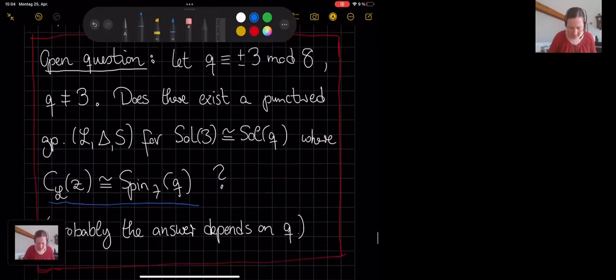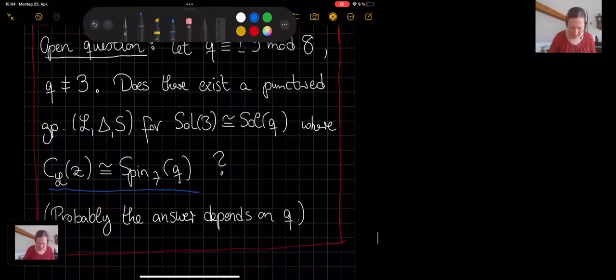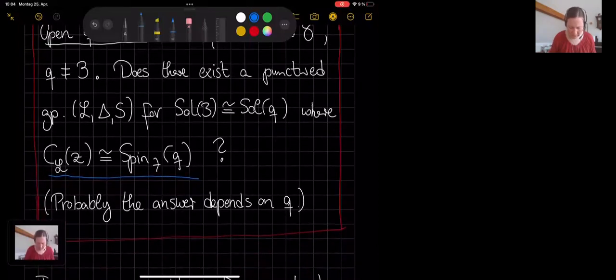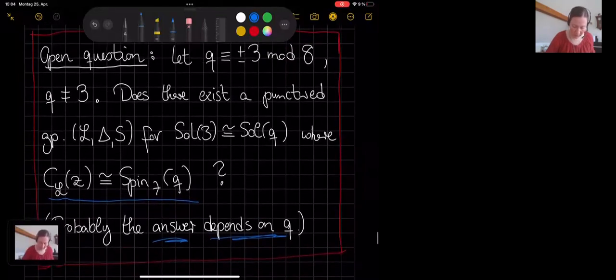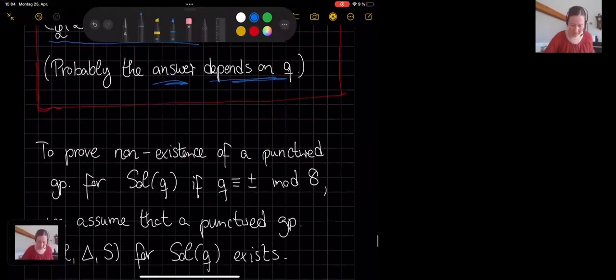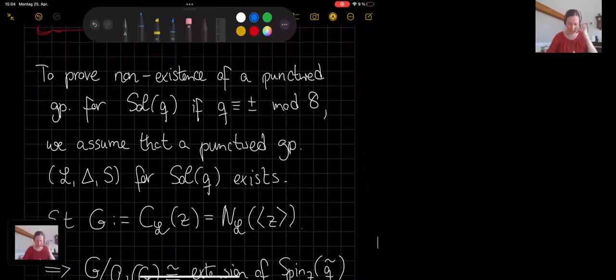I think that the answer is probably within reach, and my intuition is that the answer probably depends on the Q. So that's, again, probably a relatively interesting story to look at.